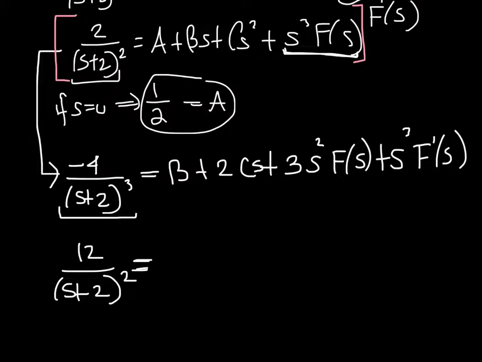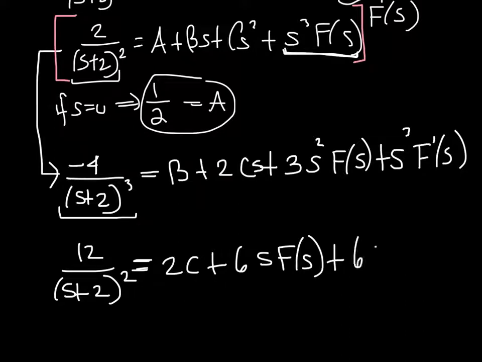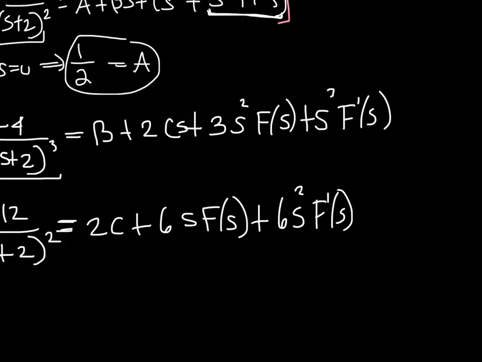So I get 2c plus 6s times F of s, plus, again using the product rule, 6s squared times the derivative of F, and then plus s cubed times the derivative of this again, so it's going to be F double prime of s.